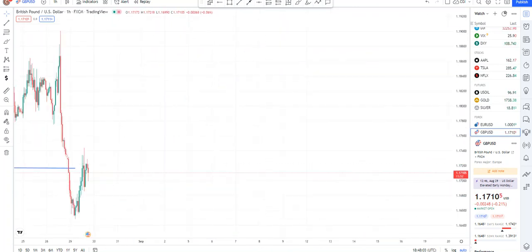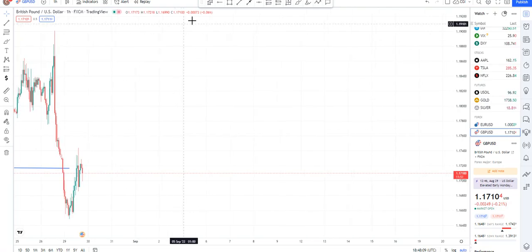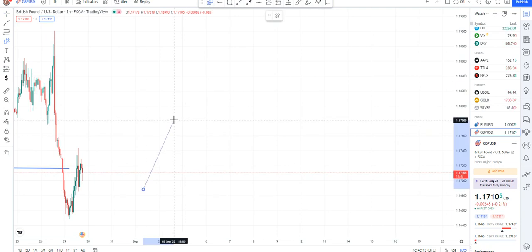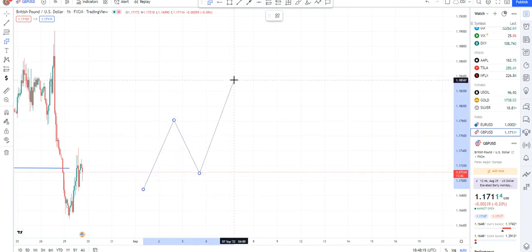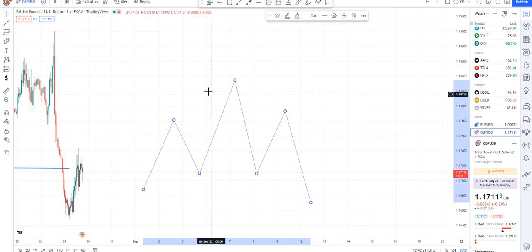Now what do we mean by a swing low or high? We've discussed this before. A swing low or high is when we have a three point formation like this. This high right here, I would call a swing high. It has one high to the left and one high to the right.